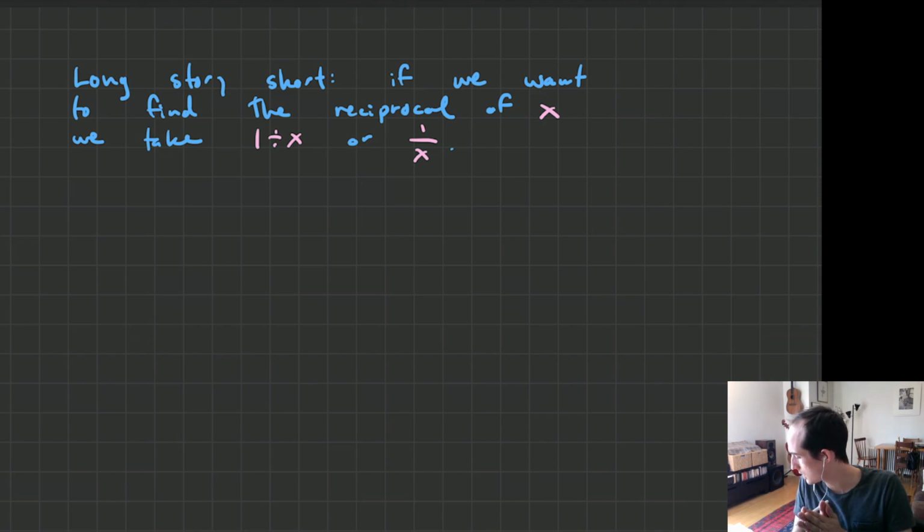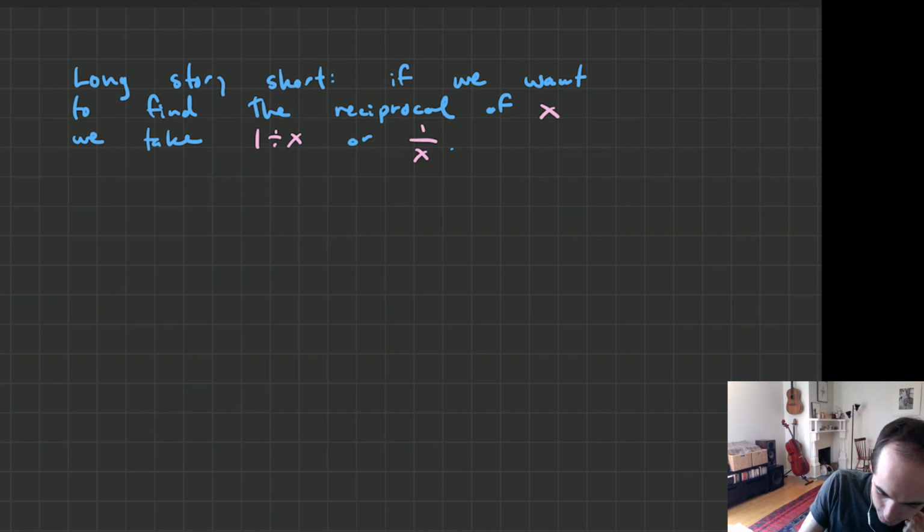So let's talk about that in a little more detail. I thought maybe what we could do is take a function that we know very well, graph it, and then graph the reciprocal of that function. So let's start off with an example.